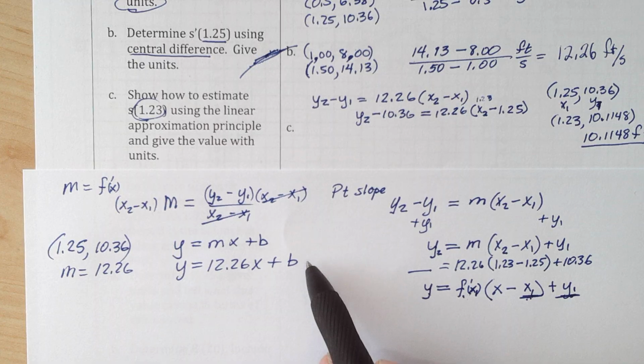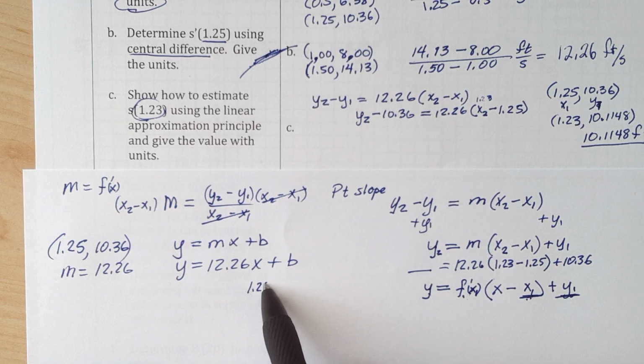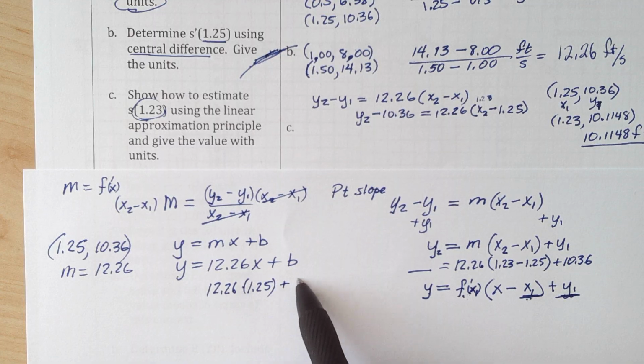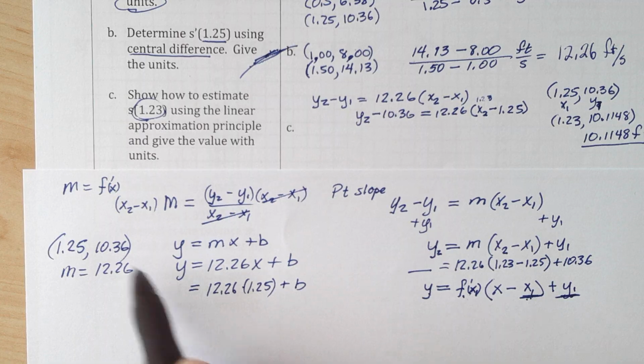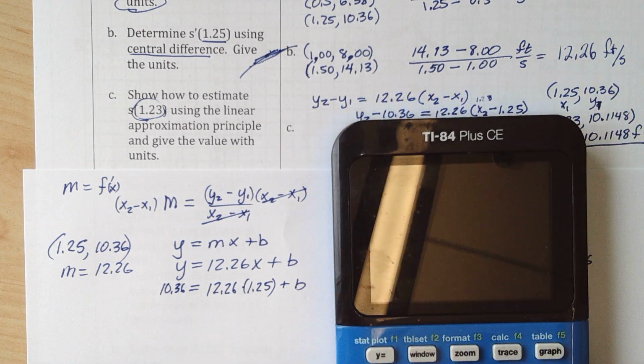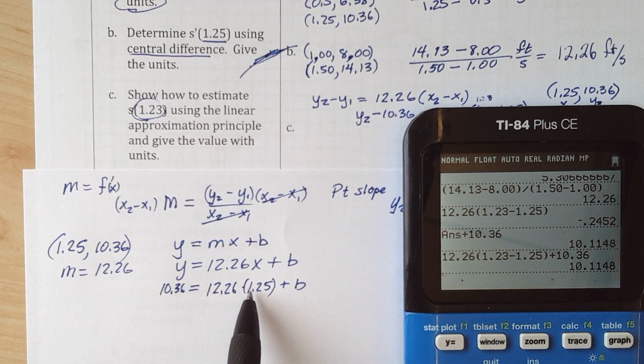And then to find b, we plug in the 1.25 for the x, take it times the slope, and plus b, it's supposed to come out to equal the y value. So let's figure out what the b is. So I'm going to multiply 1.25 times 12.26.